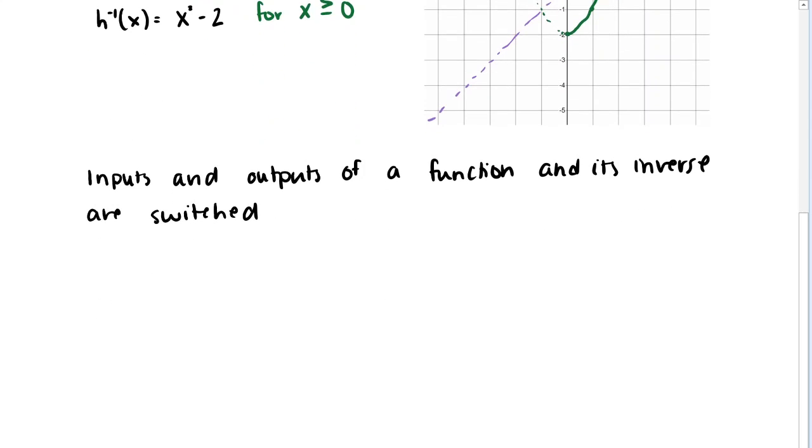But this also would mean that the domain, the set of all input values for a function, and the range, the set of all output values of a function, are switched too. If a function and its inverse switch inputs and outputs, then the domain, the set of all inputs, and the range, the set of all outputs, are going to be switched between a function and its inverse as well.